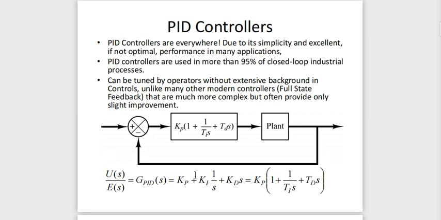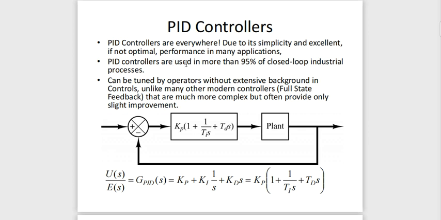By changing the values of Kp, Ki and Kd, we can achieve the desired performance, and that method is called tuning.